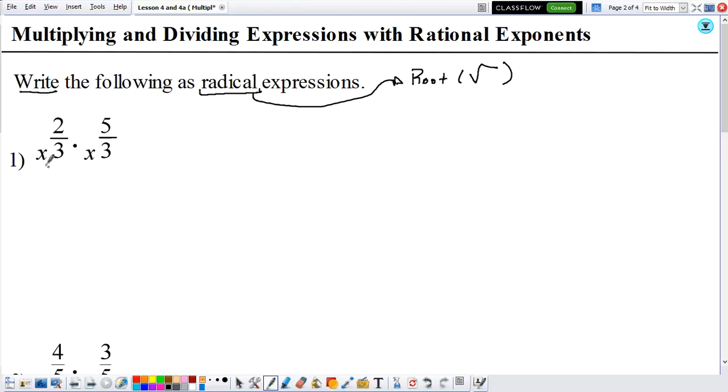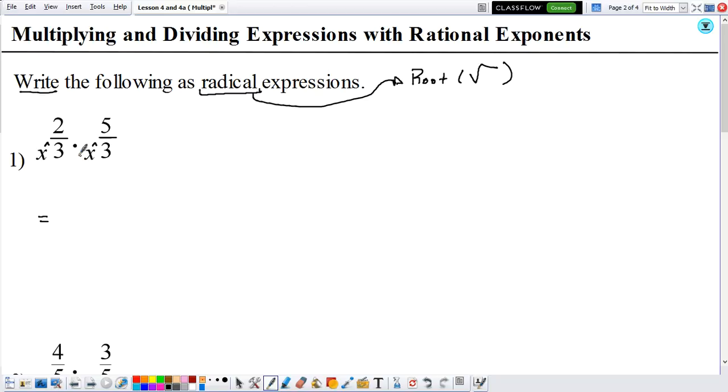How can we go from here to just a root? Well, we're going to apply the rule of exponents that we know. All of these are exponents: x to the 2/3, x to the 5/3.